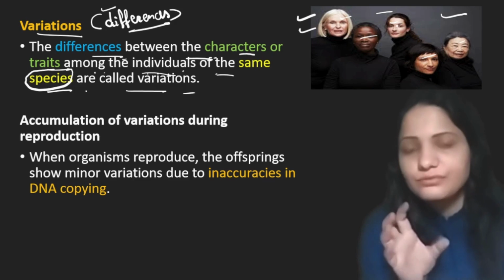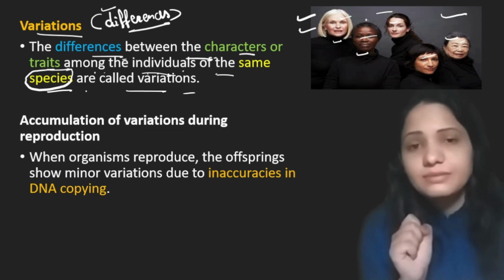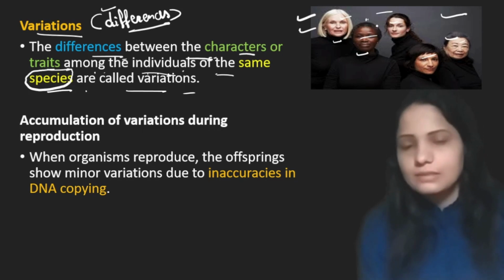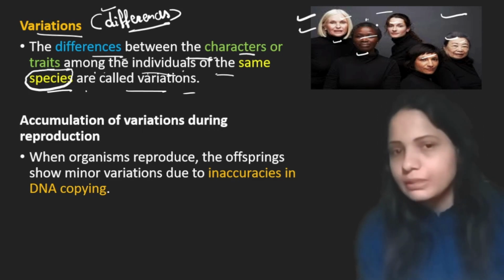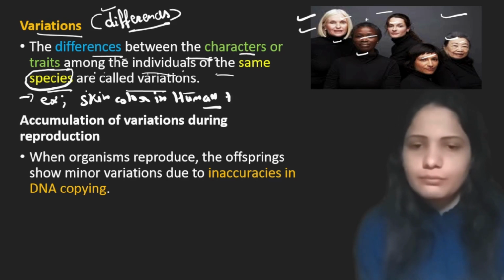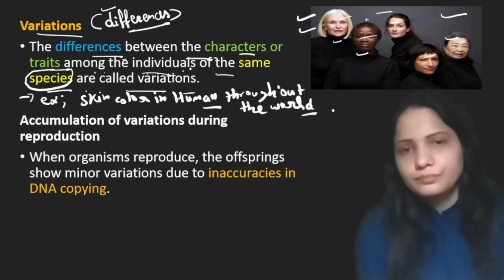They have minor differences, like a difference in skin tone. So this difference is variation. Now you know what variation is. This is one example of variation in human: skin color throughout the world.